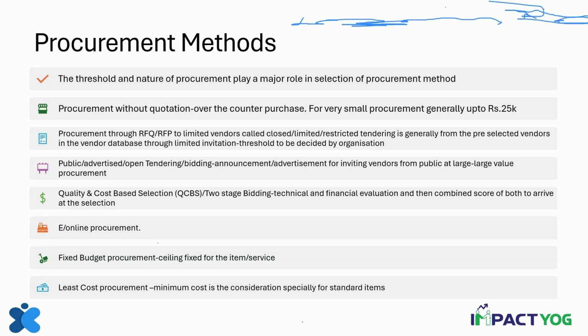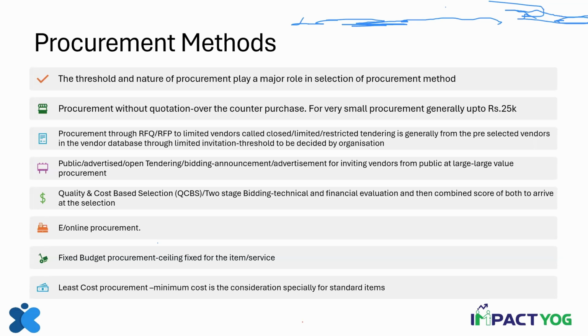So this is open bidding, versus the closed bidding or restricted bidding that we have seen. This is basically for inviting vendors from the public at large. The value of such procurement is large, and therefore we want better price discovery, and we want to get more vendors to offer.